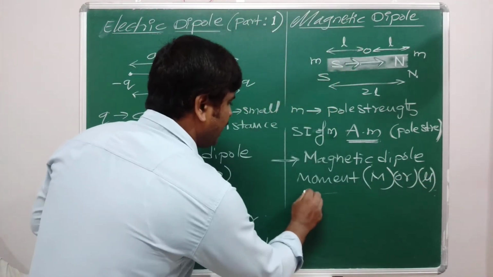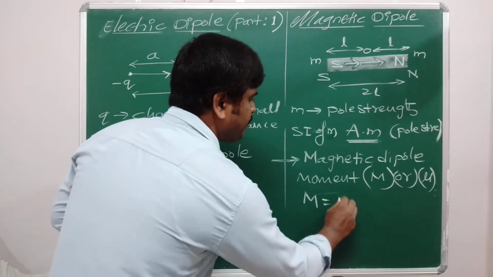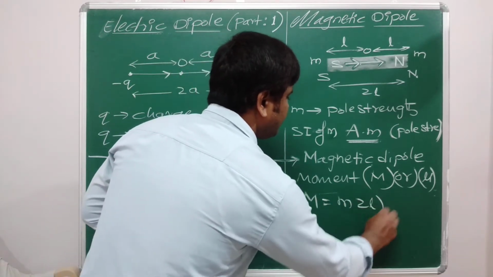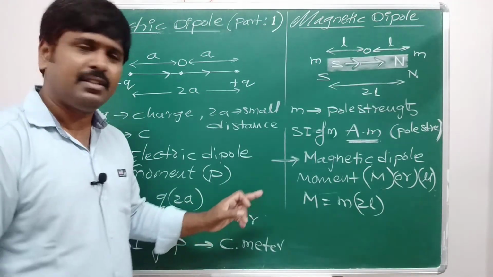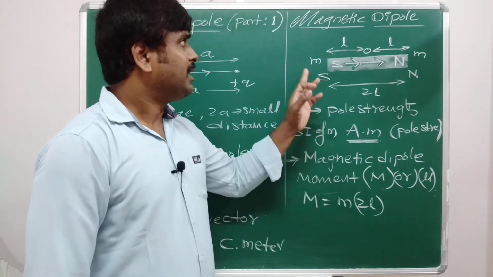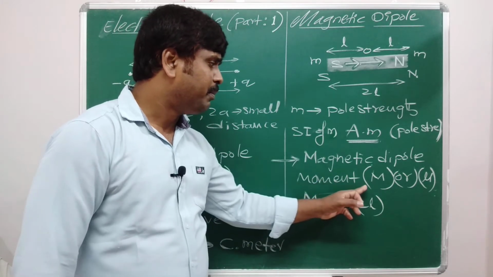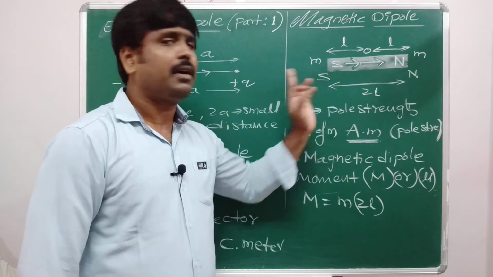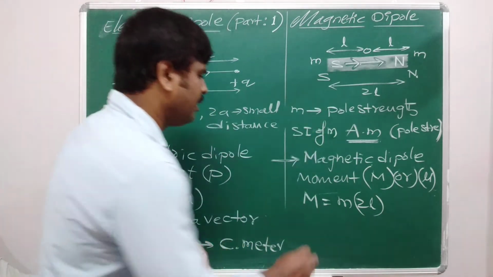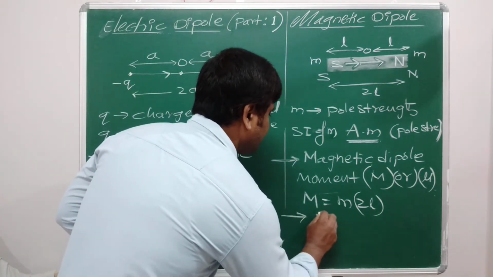Capital M is the product of pole strength and length of the magnet. It is a vector quantity.